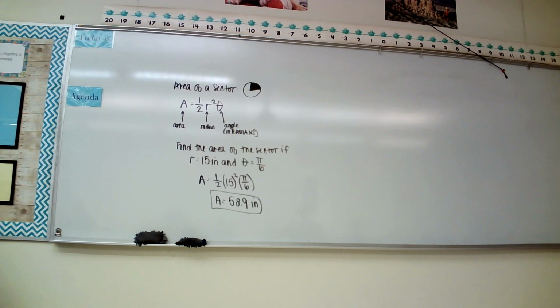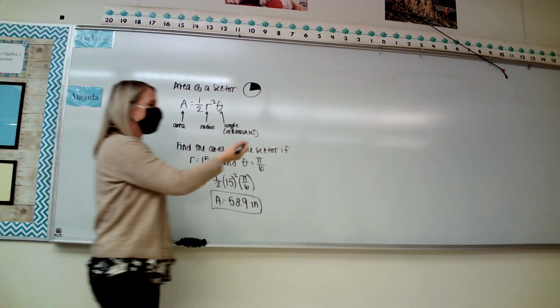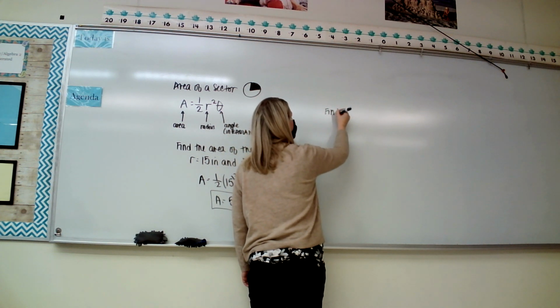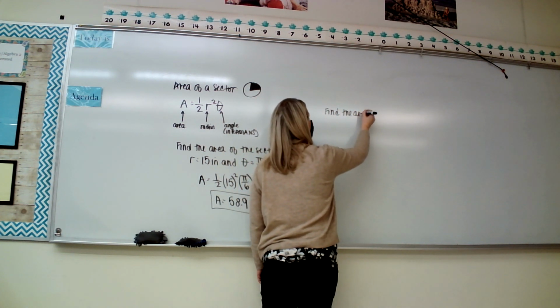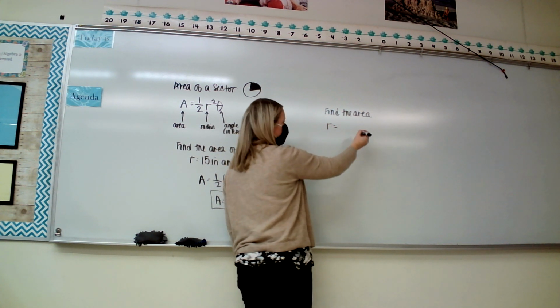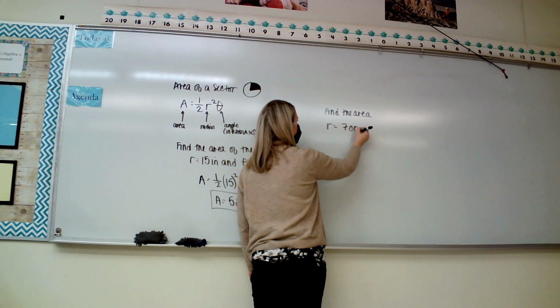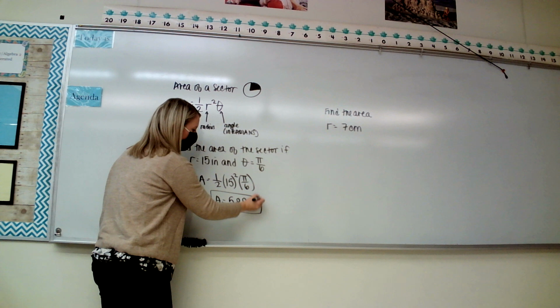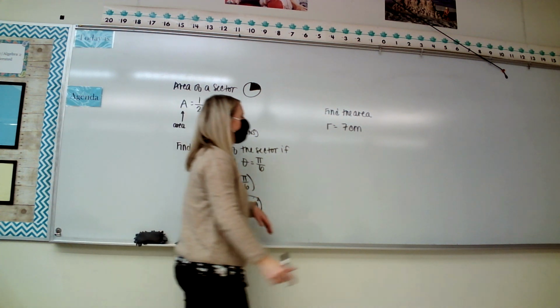Okay, last one. Same directions. I'm just getting lazy, so I'm just going to say find the area. You could probably guess what's going to happen. We're given the radius, which is 7 centimeters. Oh, and I'm sorry, when you do area, it's centimeters squared. That's always your thing.